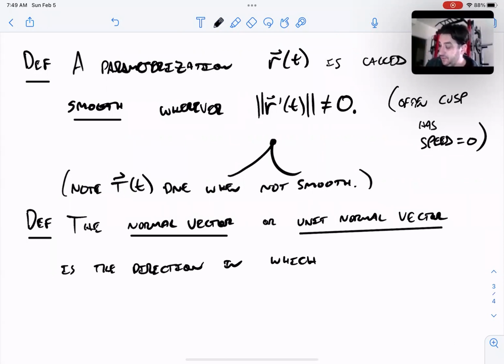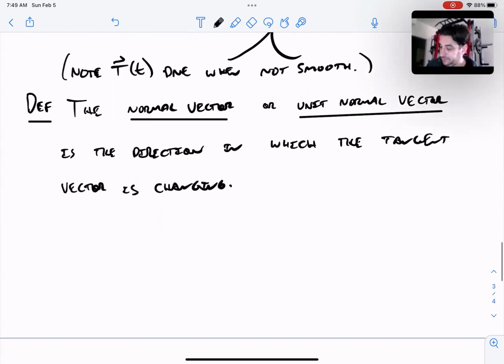This is the direction in which the tangent vector is changing. Okay, so that's a nice wordy description of it. What is it as a formula?